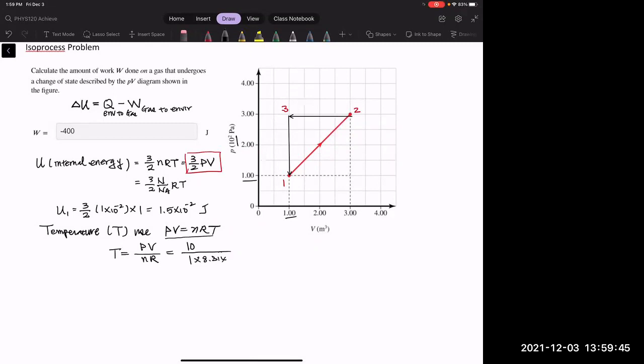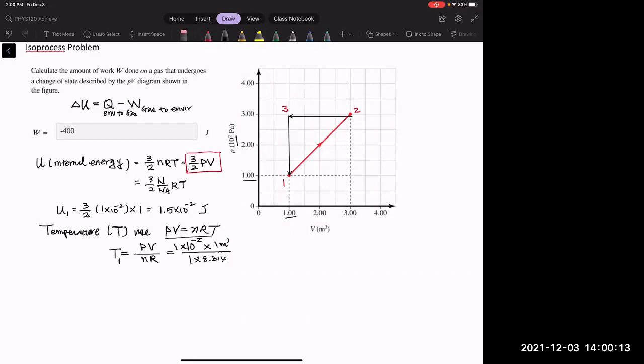Let's just try to find the 0.1. If we look at the 0.1, then pressure is 1 times 10 to the negative 2. And what is V? The V is 1 meter cube.